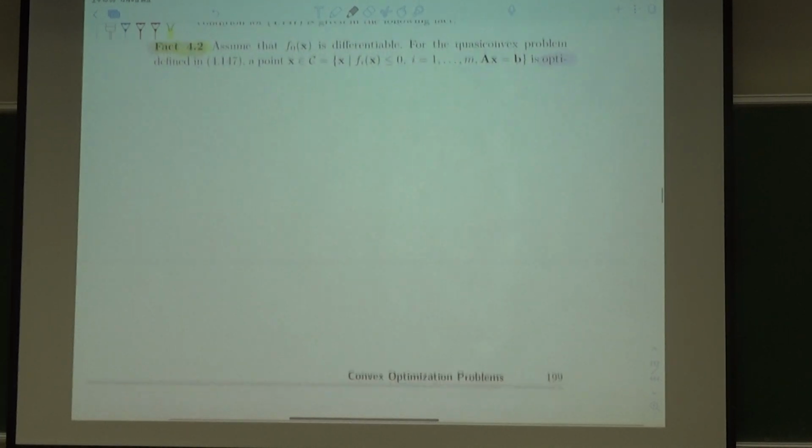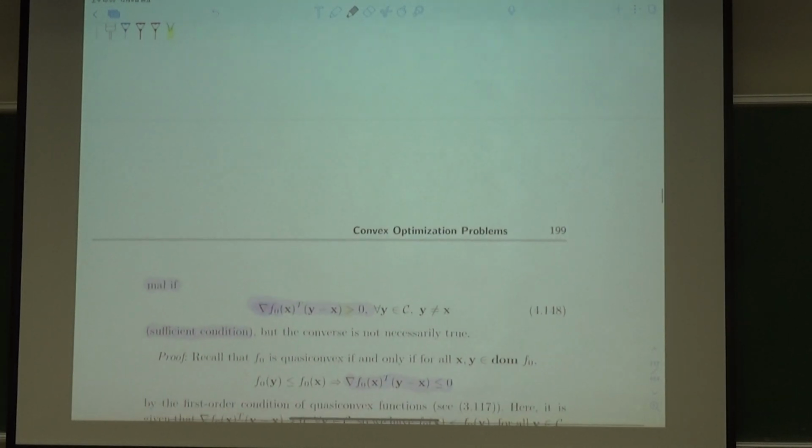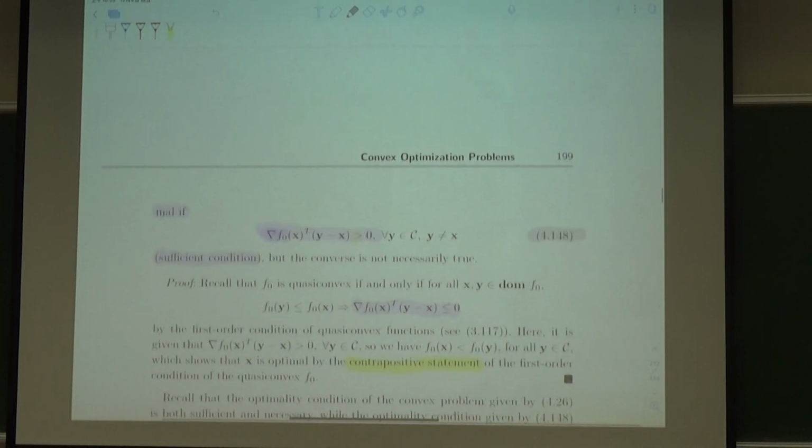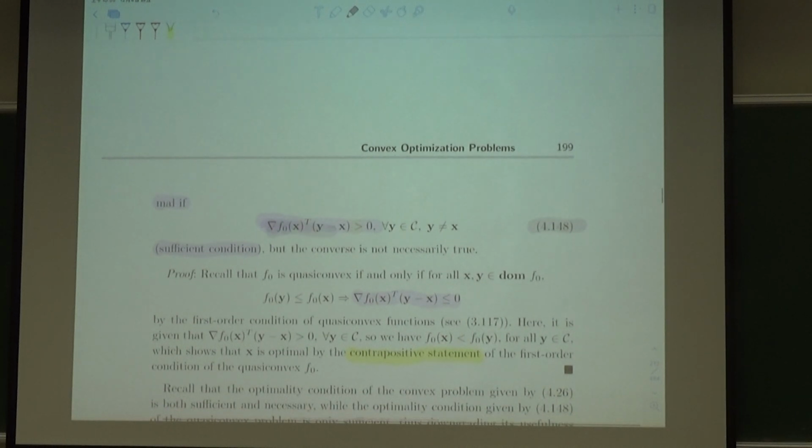What does it tell? The sufficient condition is given by 148. So this is very close to the first-order optimality condition for convex problems, where it is greater than or equal to, right? But here it is only greater than 0, which we claim, and you can get an optimal solution for a quasi-convex problem.